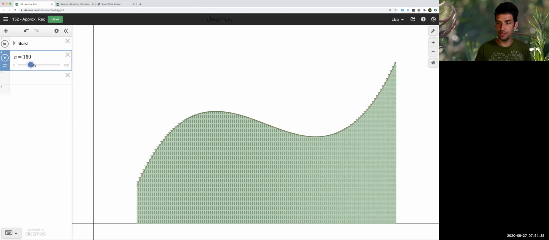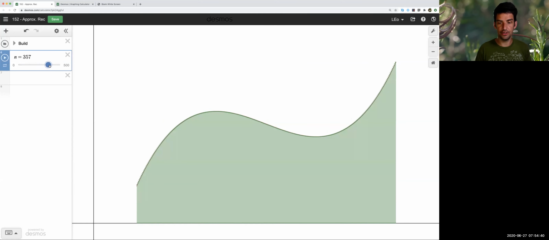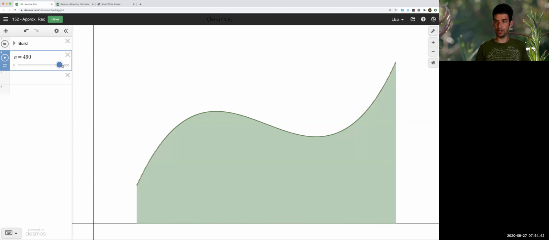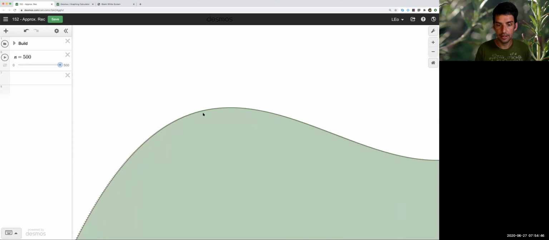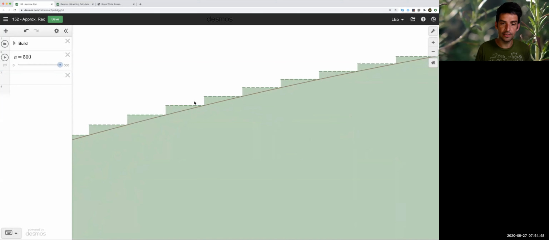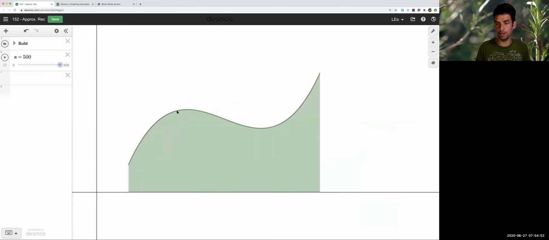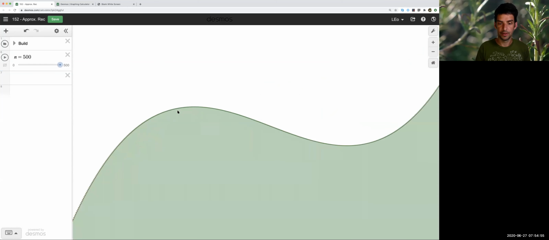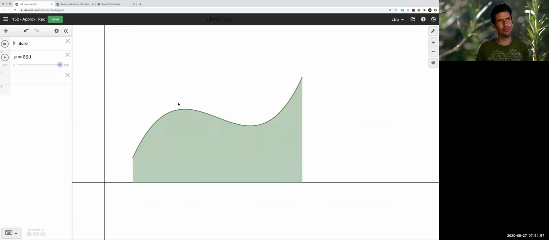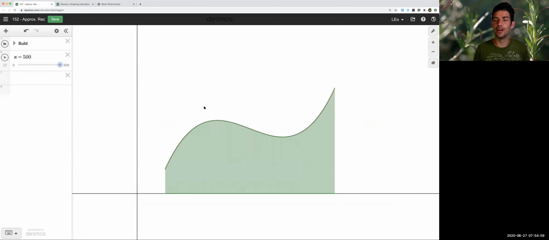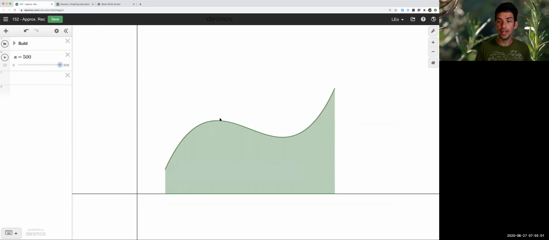So now I'm just continuing to add approximations. At this point, the computer has given up and just drawn it as the area. If we zoomed in, we still are getting these little tiny bits above the curve, but that is a much, much more livable error on that approximation.